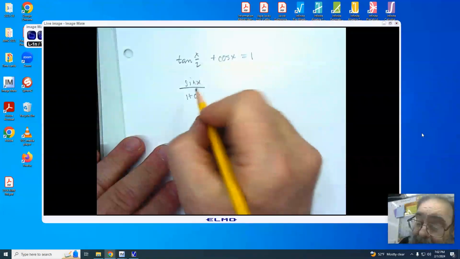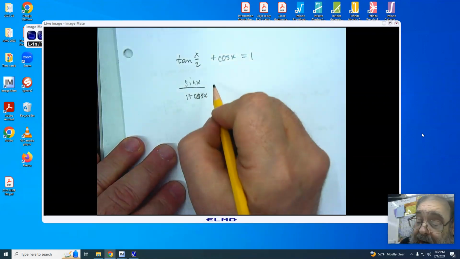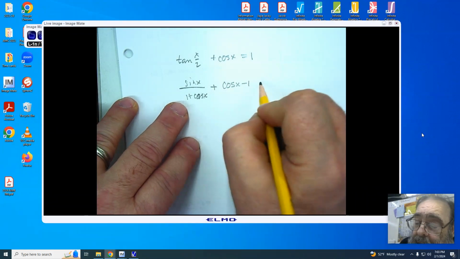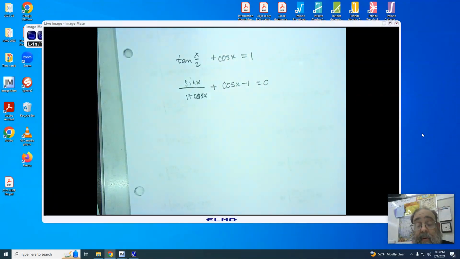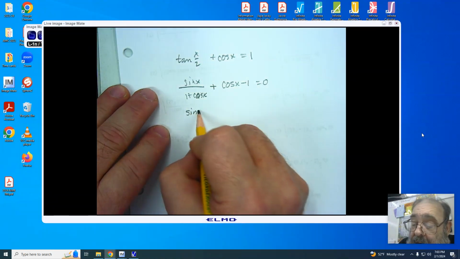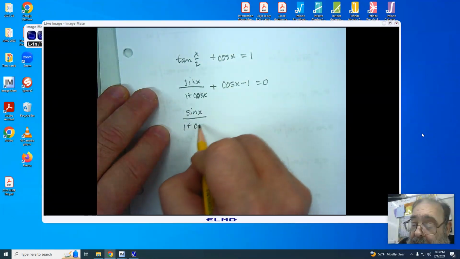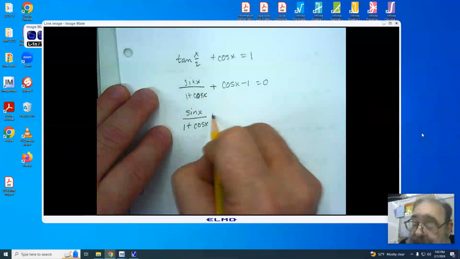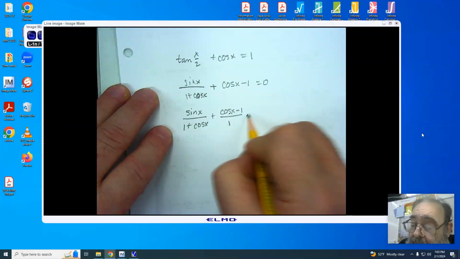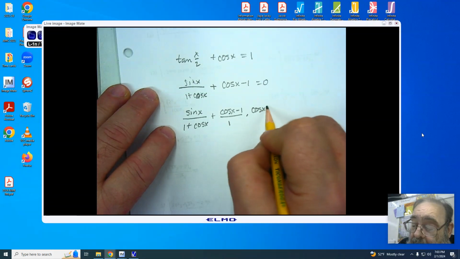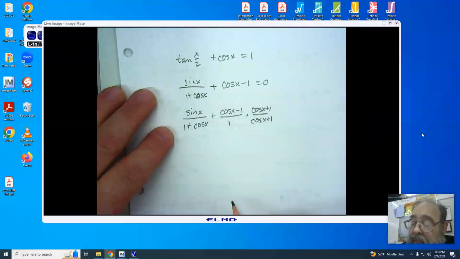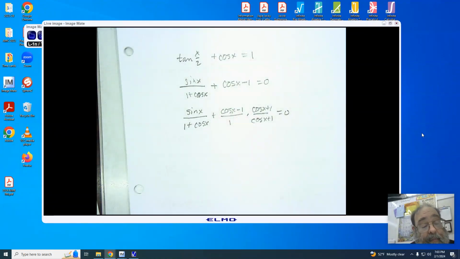Now, because I'm using a cosine, I brought this 1 over so that it equaled 0. I then wanted to get the common denominator. So I have the sine of x over 1 plus the cosine of x, plus cosine of x minus 1 over 1, times cosine of x plus 1 over the cosine of x plus 1, still equaling 0.